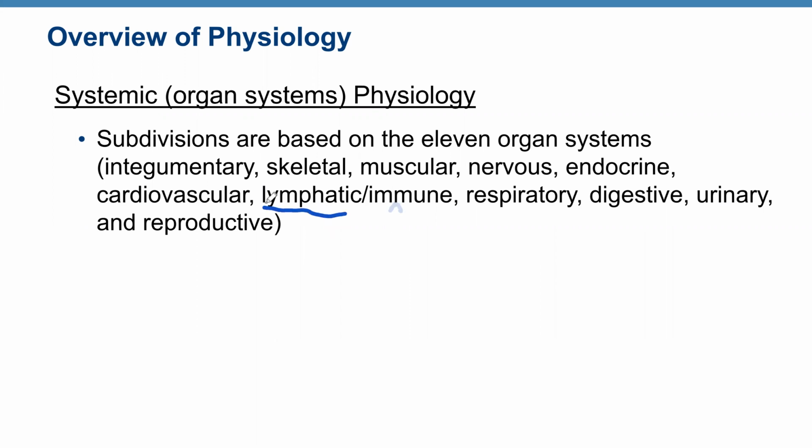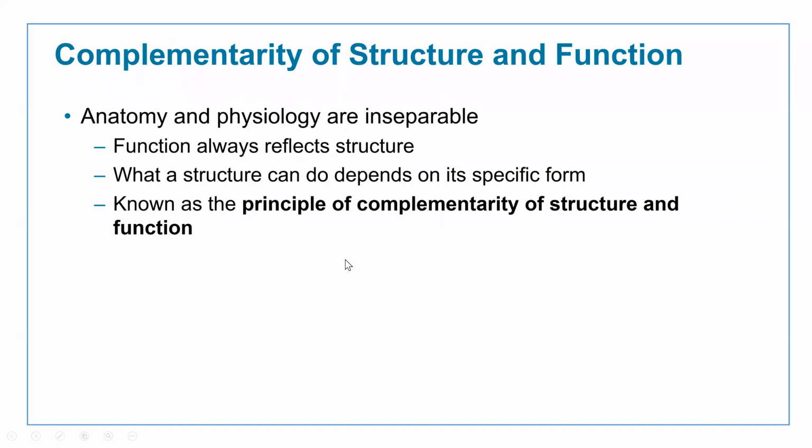With lymphatic, we mostly talk about structures and organs of the system. With immunity, we will look at how your body fights infections, protects you from cancerous cells, and so on. Just keep in mind, this is the same system, just two different names. The other systems are respiratory, digestive, urinary, and reproductive. So those are all systemic physiology.